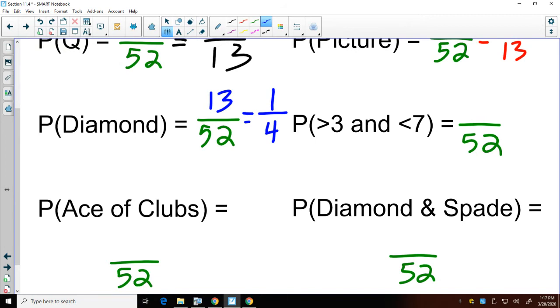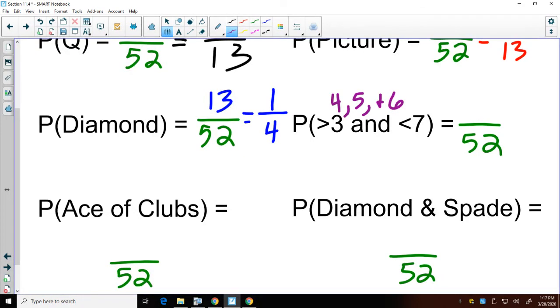All right, so this next one will make you think a little bit. I want you to have a card that is bigger than 3 and less than 7. So what cards does that include? Well, if you're bigger than 3 and less than 7, that's 4, 5, and 6. So those are the only cards we care about. Well, how many of them are there?